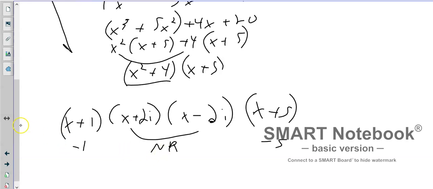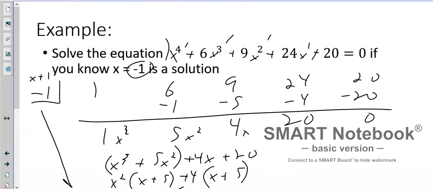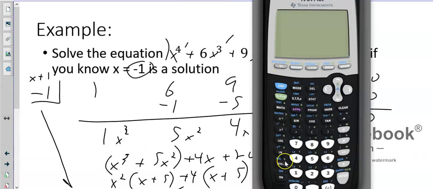Let's see what that looks like on the calculator. Oops. Clear it out. So x to the 4th plus 6x to the 3rd power. Oh, I forgot to do it. X to the 4th, come down. Plus 6x to the 3rd power, come down.